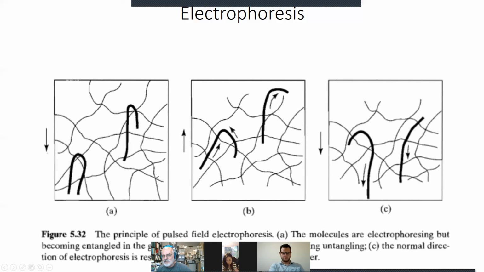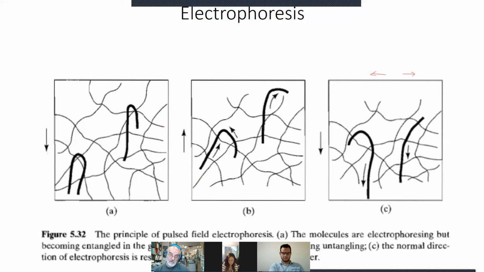And so they have to disentangle themselves to move. And so the way that this is done is we created something called pulse field electrophoresis, where you pulse the field in different directions. And so notice that they have this going down and up, down and up, down and up. And as you're doing this, it allows the DNA to reorient itself. Okay, I think there's often a little bit of a left-right that goes on as well to help it move. You can set this up for different times and different field strengths.